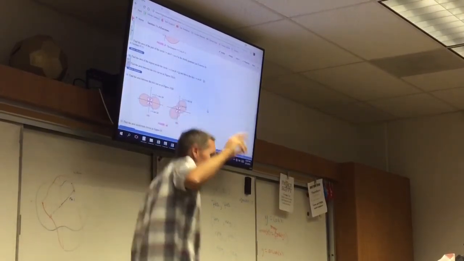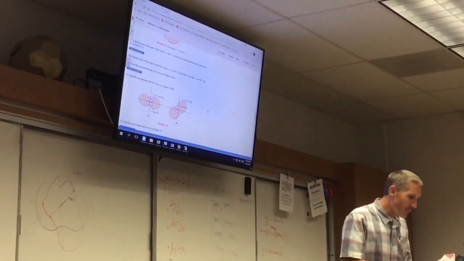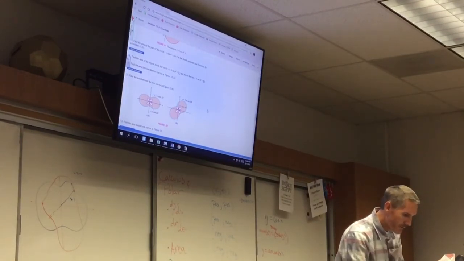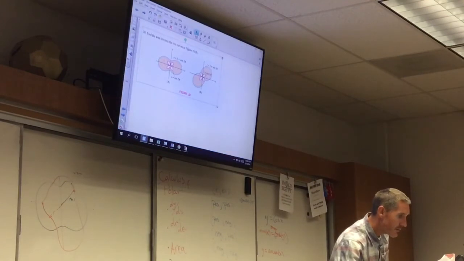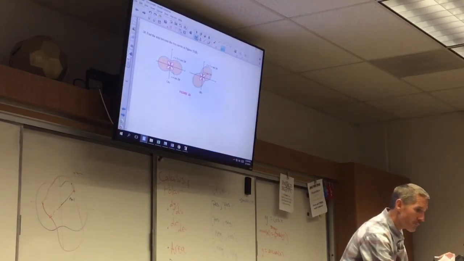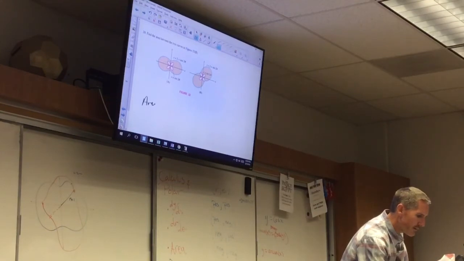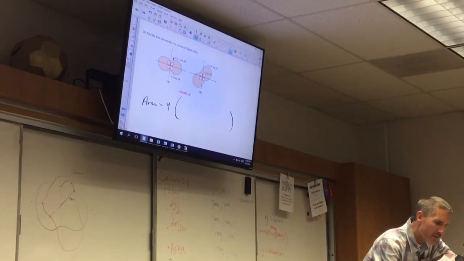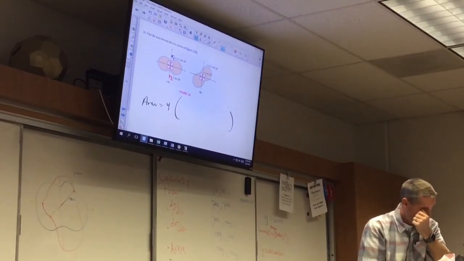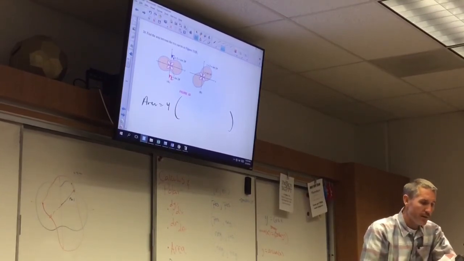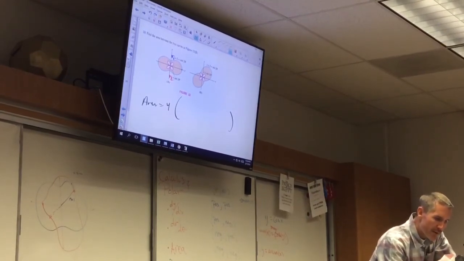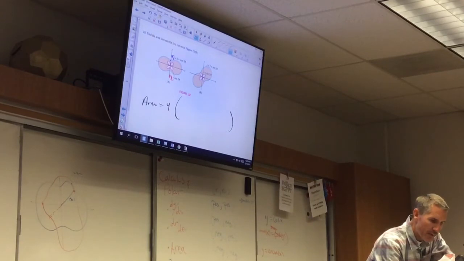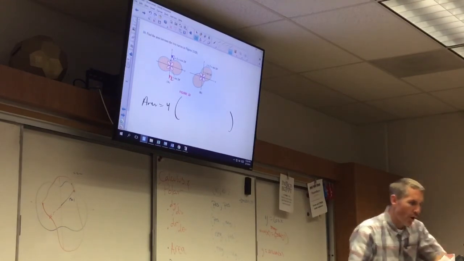So I would start with the area of the blue. Yeah, so I would say the total area equals 4 times, and here, if this is r sub 1, and then this red one is r sub 2. I would verify, first of all, that theta goes from 0 to pi over 2, and that's going to be the same for r.